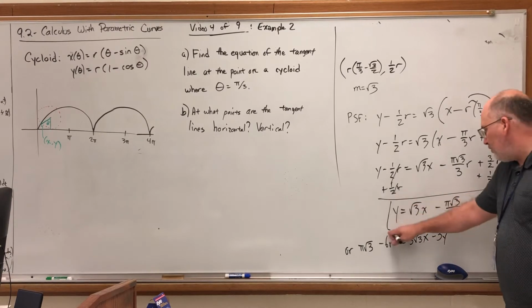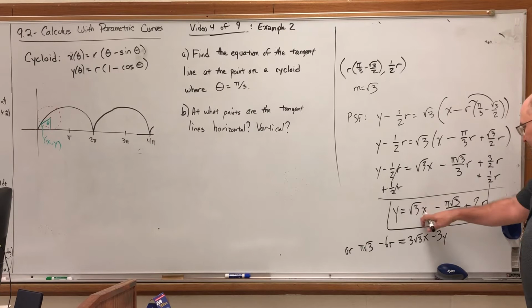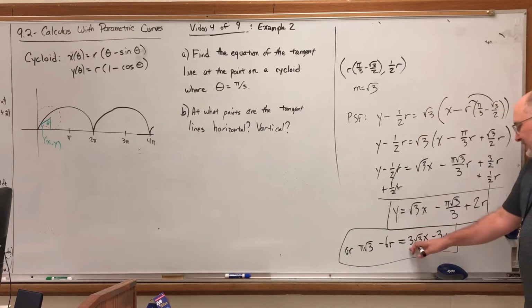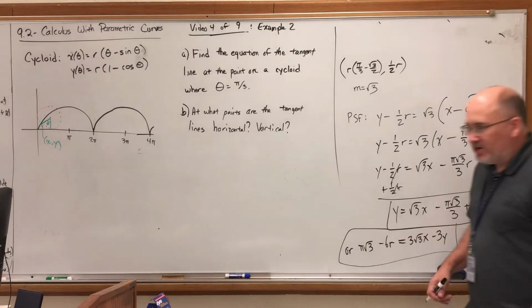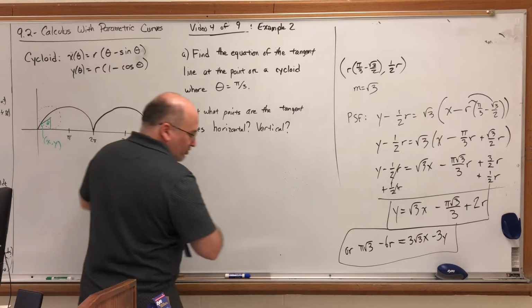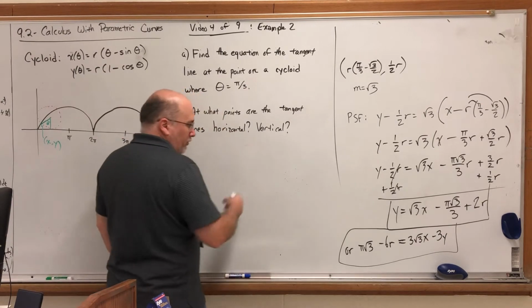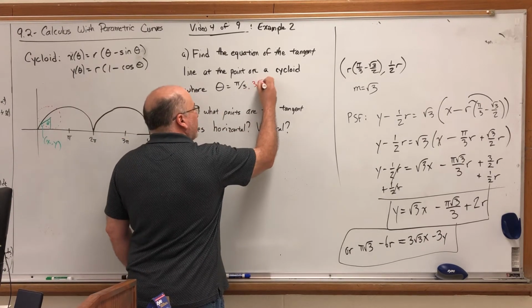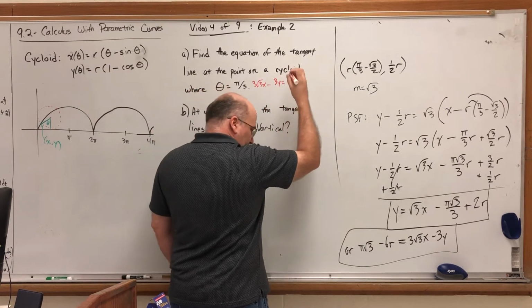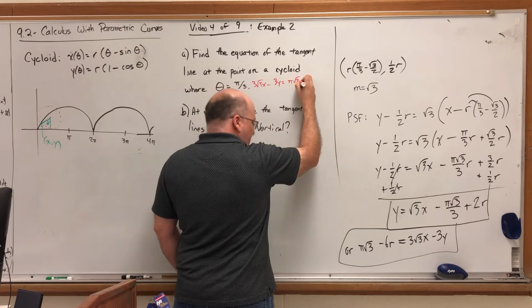Either slope-intercept form, y equals mx plus b, or general form, some x's plus or minus some y's equals a constant. All right, so we got the answer to part A. Let's write the answer in general form. 3 square root of 3 x minus 3y equals pi times the square root of 3 minus 6r.